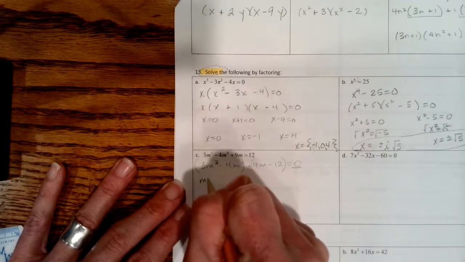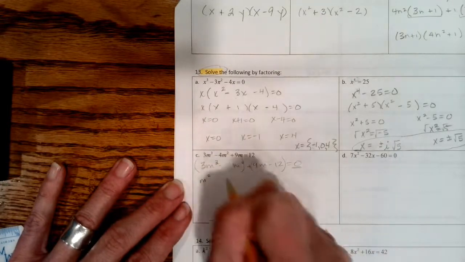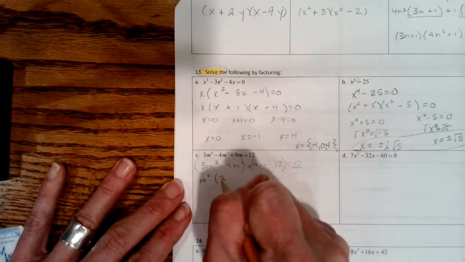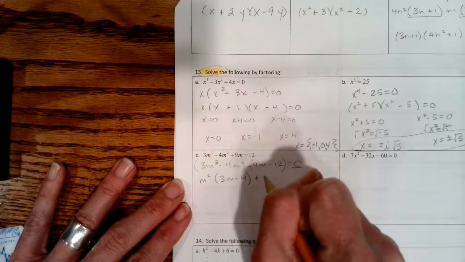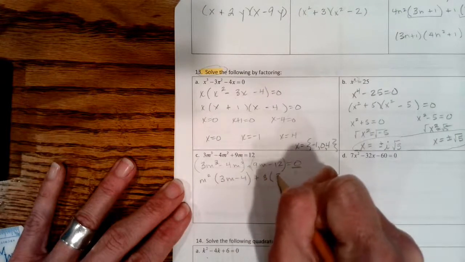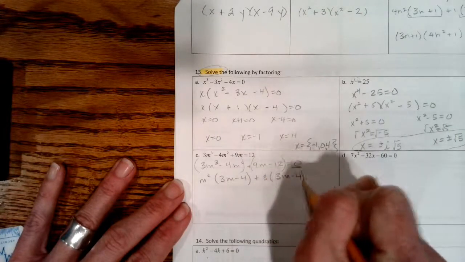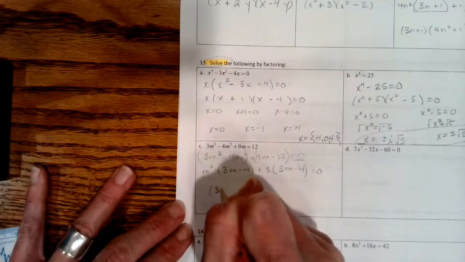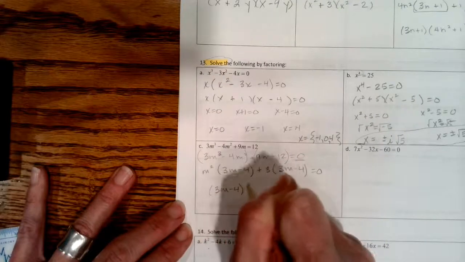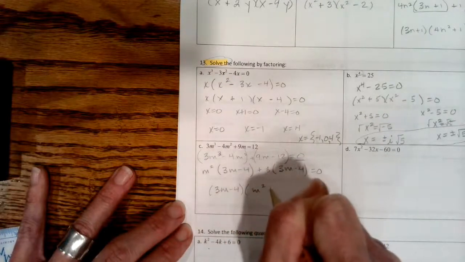An m squared comes out, leaving me with 3m minus 4. And a 3 comes out, leaving me with the 3m minus 4. So my 3m minus 4 is times m squared plus 3.